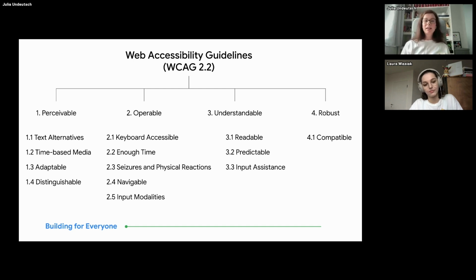Is a term explained in detail so everyone could understand? And the last one is robust. It has only one guideline, and I think in the WCAG 2.2 there is also only one success criterion. It has more to do with different versions of the system and browser.